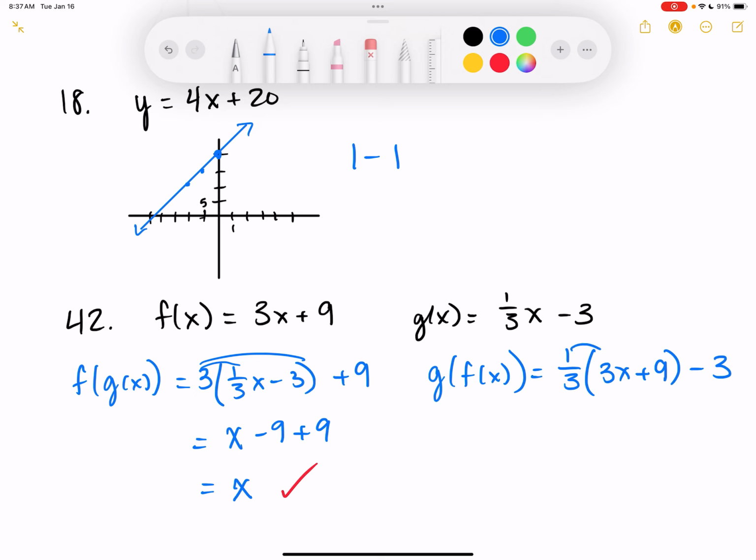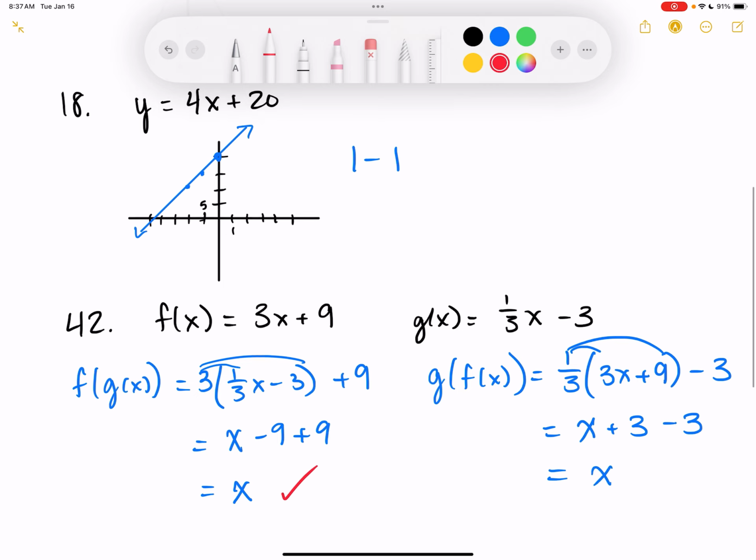And distribute. 1/3 times 3x cancels and gives you an x. 1/3 times 9 is 3, so plus 3, and then over here minus 3. Those 3's cancel, so we're just left with an x, and so we have verified that these are inverses of each other.